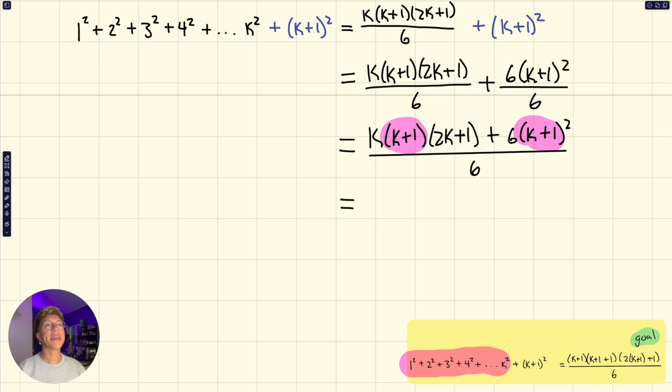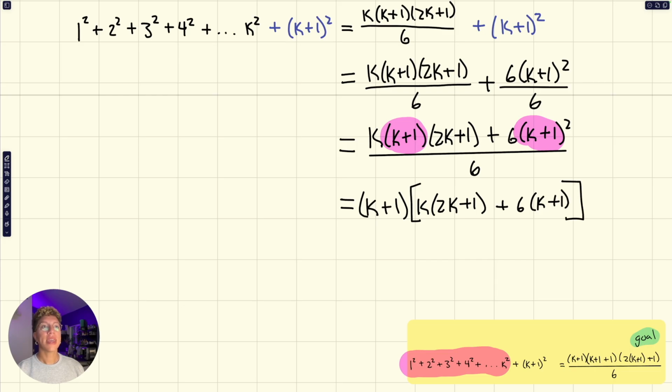And so again, a bit counterintuitive, but what we're saying is we're going to take a k plus 1 out front, factor it out, and that's going to leave us with k times 2k plus 1, and then plus 6 times k plus 1. And again, our denominator is 6, like that.